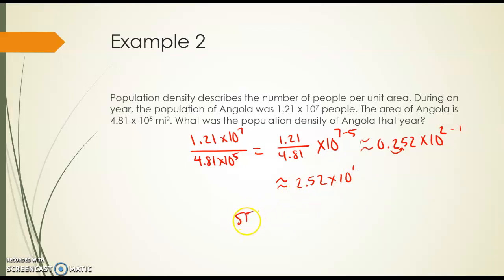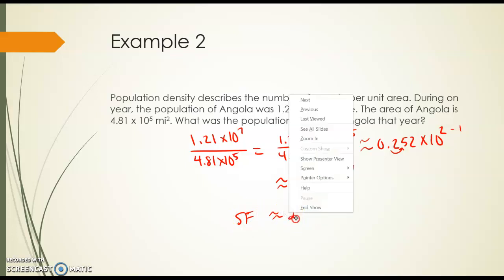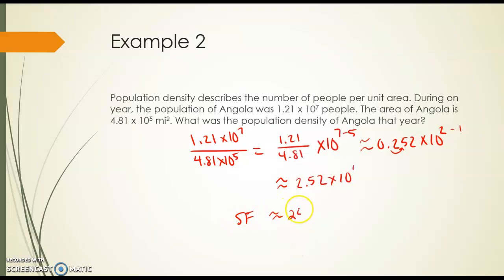So in standard form, this is approximately 25.2 people per square mile. The way I did that was this was 10 to the 2nd power. We move it 1, we move it 2, and that's how I get this 25.2 people per square mile.